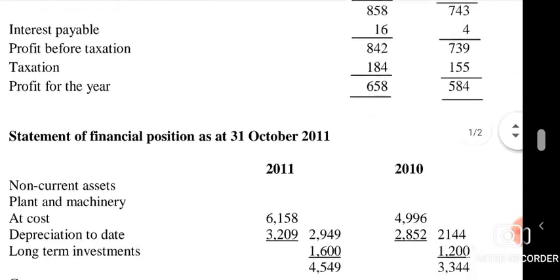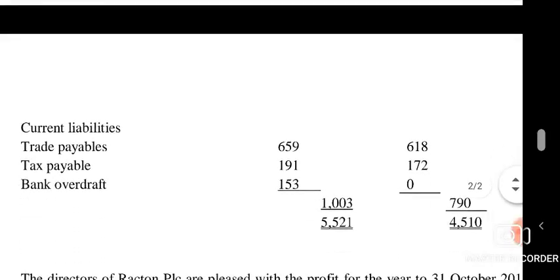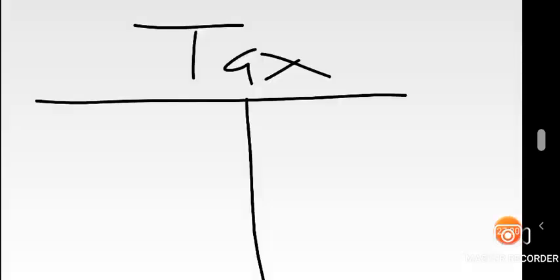But just before we go ahead, usually taxation also shows or comes to appear in your statement of financial position, which is the balance sheet, as you can see below, tax payable. So it's showing us that the payable in 2011 is 191. Okay, and then the year's charge is 184. So you have to open a T account. So you open a tax account, as I said, a T account.